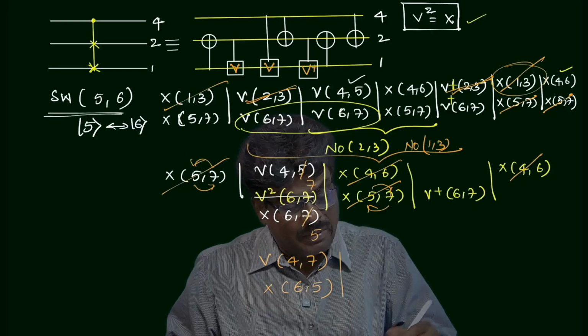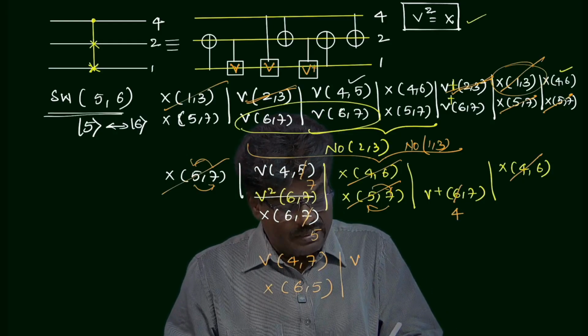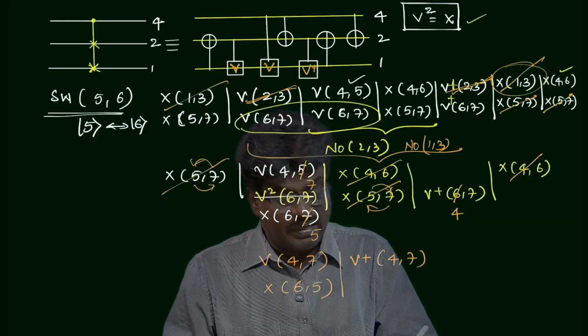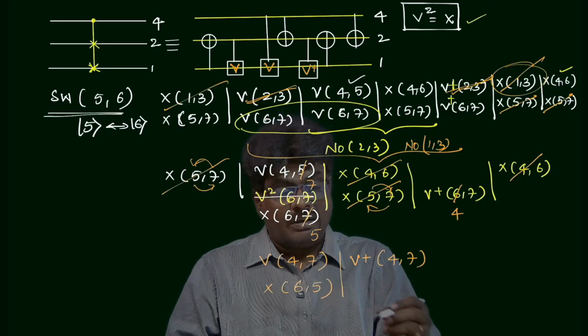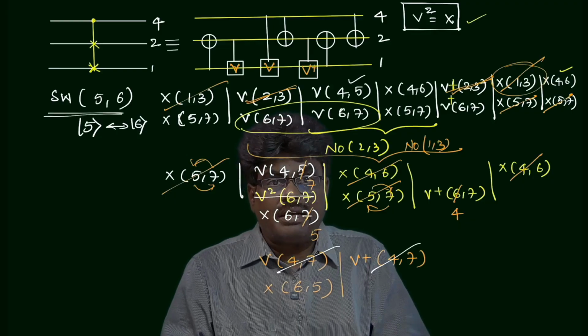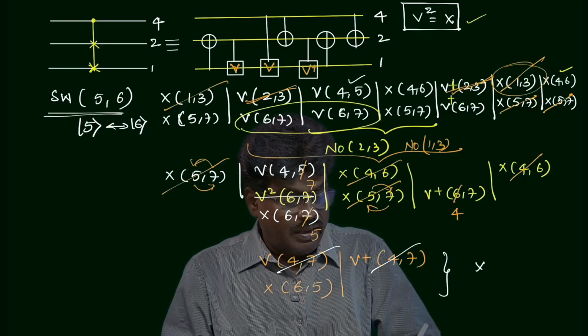So cancel the operation. 6 is replaced with 4. So the remaining is V dagger 4 comma 7. Clear? Now, so I request you please check. This is a V and V dagger I. So the remaining is x of 6 comma 5.